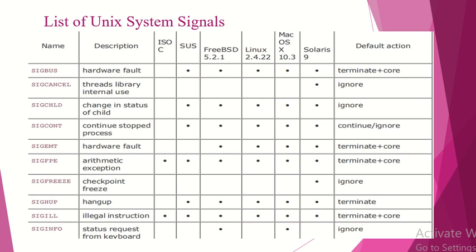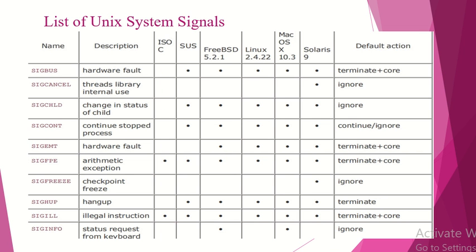SIGFPE means it is an arithmetic exception, that's why this signal is generated, and after that the action taken is to terminate and generate the core file. SIGFREEZE is generated because of a checkpoint freeze, and in that way that signal is ignored.